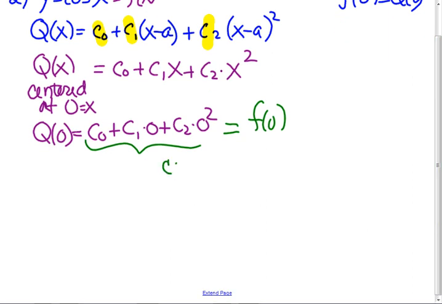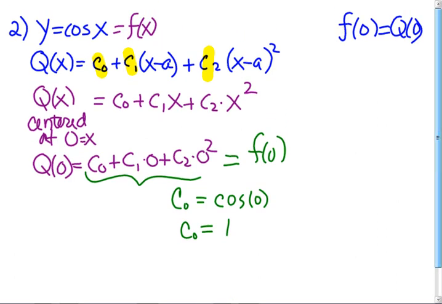So c0 equals f of 0, which is the cosine of 0. What's the cosine of 0? So c0 is equal to 1. So the initial condition gives me the first term in my power series.